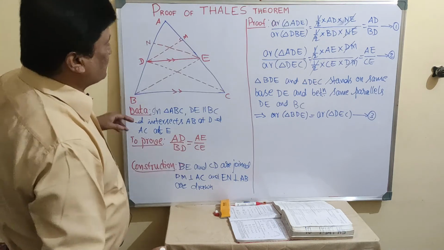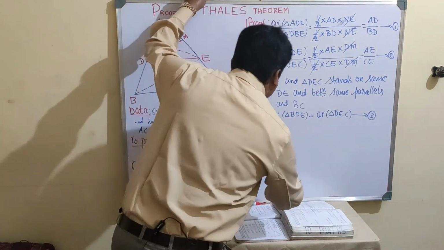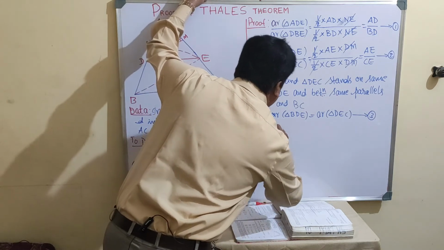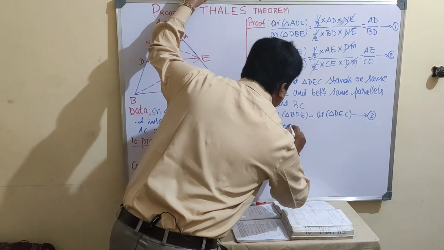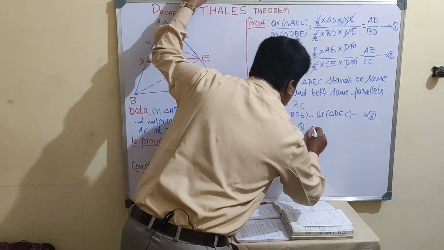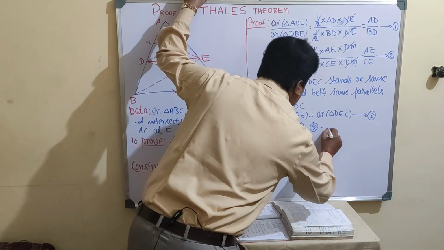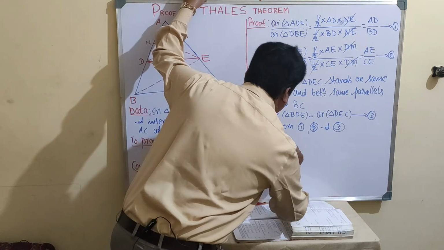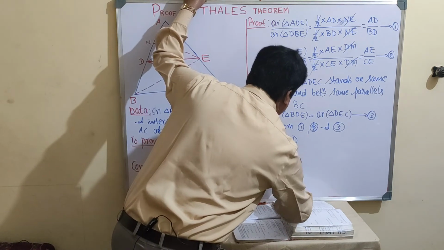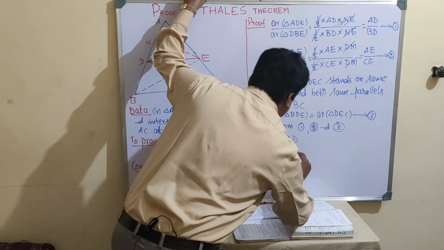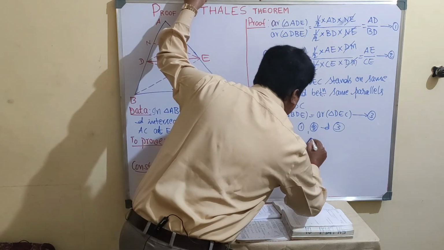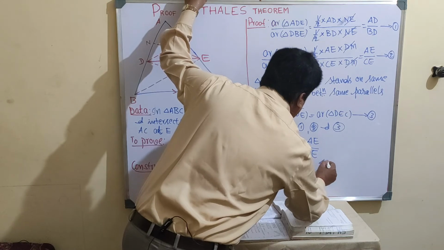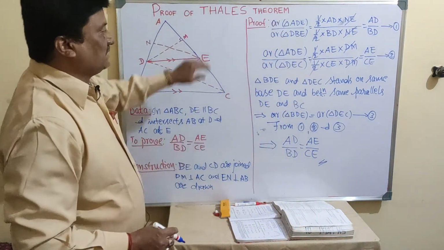As these two areas are equal, from 1, 2 and 3 we can conclude that AD by BD is equal to AE by CE. That is the required result.